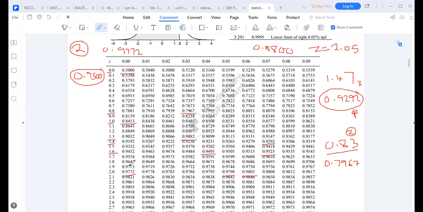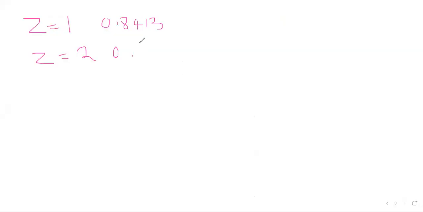You read it as it is in the four figures. Are we together? Yes. All right. Don't round off. We're dealing with 4 figures here. 0.9772.